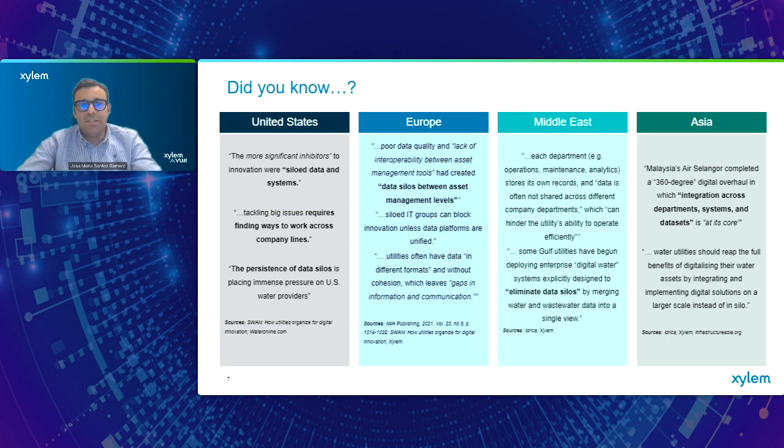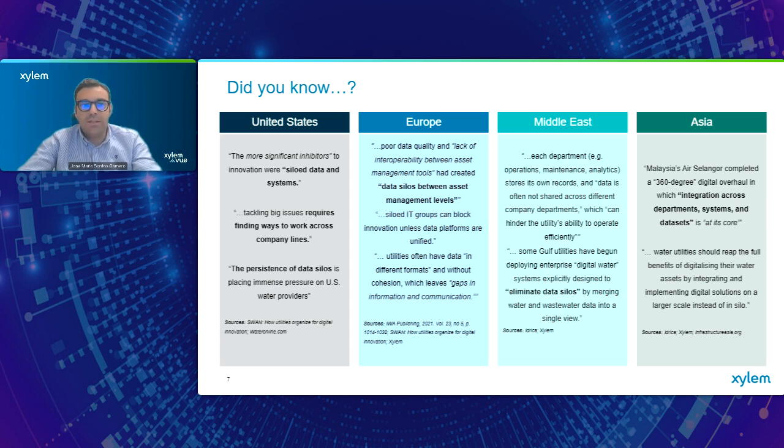While specific statistics might vary by region, the challenges faced by water utilities in terms of organizational silos are pretty much global in nature. Across different regions, different reports also confirm that these silos are a major obstacle.